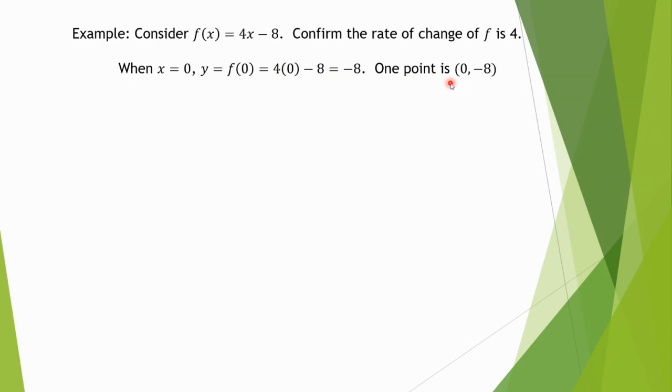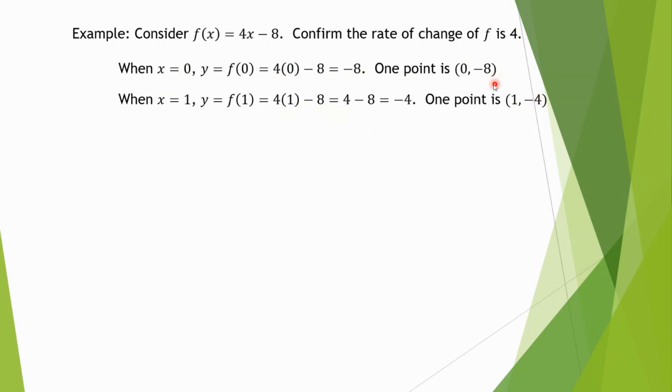Now, if I increase x by 1, that is, if I consider when x is 1, f of 1, that's what we're calculating. By direct calculation, we get this. And this is, of course, 4 minus 8, which is minus 4. But notice that if you increase x by 1, the y values, the second coordinates, are increasing by 4.